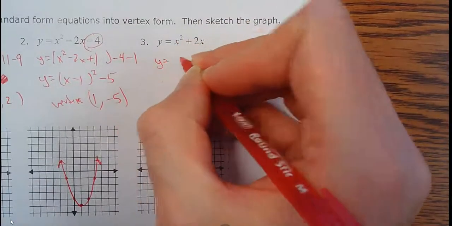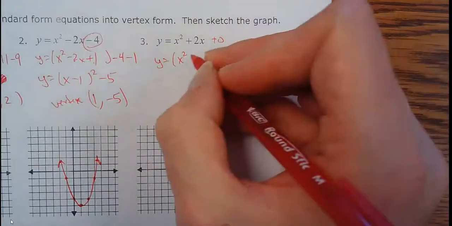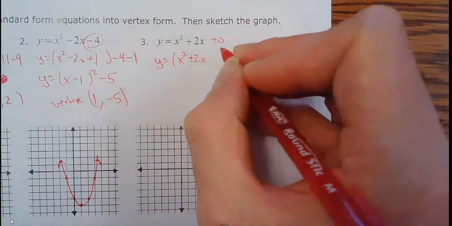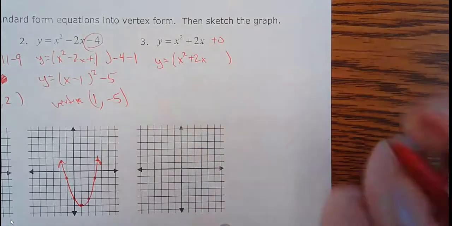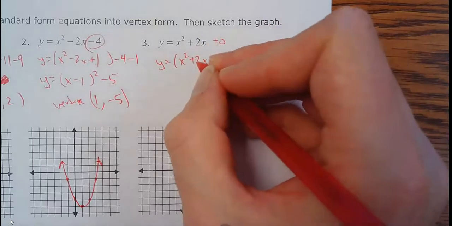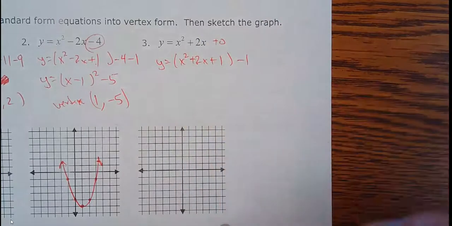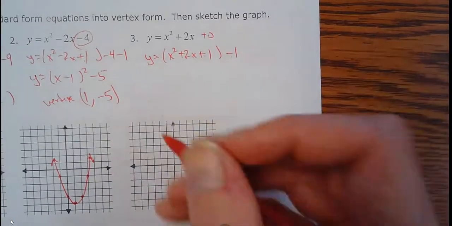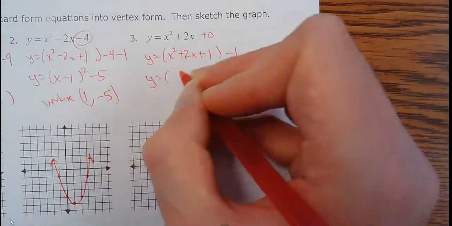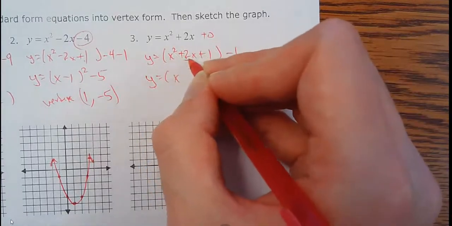So I've got y equals x squared plus 2x. I know that's not the number I want. Right now it's a +0. I could push 0 over, but there's really no reason to write it, so I'm not going to. But what number do I want that to be? Half of 2 is 1. 1 squared is 1. Undo it on the other side, so if I added 1, I got to subtract 1. Now what binomial squared equals this? It's always just half of that number.